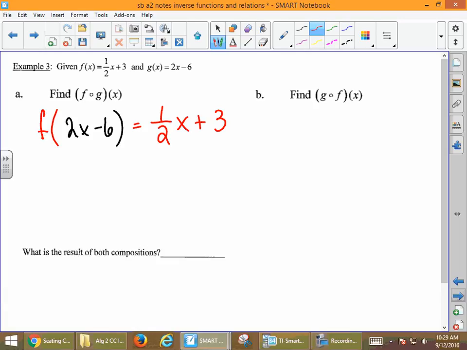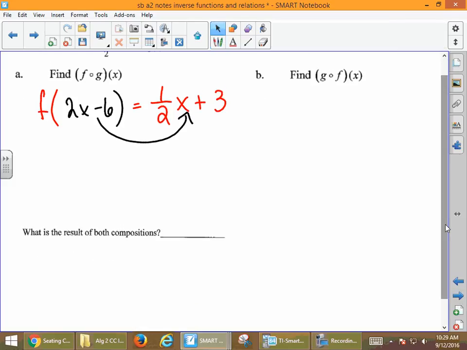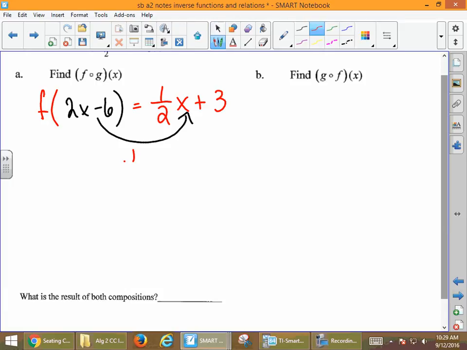We're going to take that value of 2x minus 6 and replace the x in there. Remember, it's 1 half multiplied by x. So this is going to become 1 half times 2x minus 6, plus 3. We replace the x in our f function with the output from our g function.